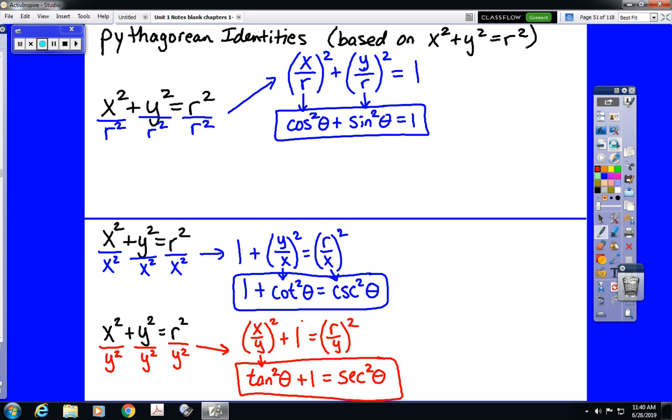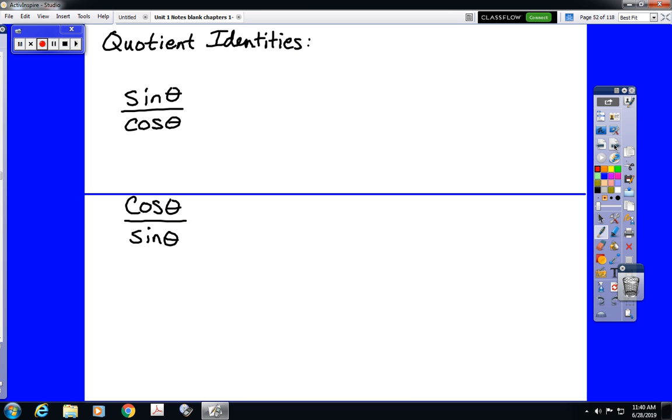All right, the other identities that come up in this section are the quotient identities. There are 2 of them. They're formed by taking our basic trig functions sine and cosine and dividing them. So if we take sine and divide by cosine, sine is y over r, and cosine is x over r. Now hopefully we know that when we have a complex fraction, that is essentially dividing fractions.